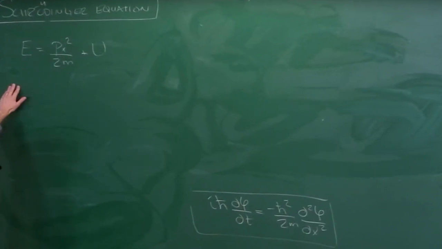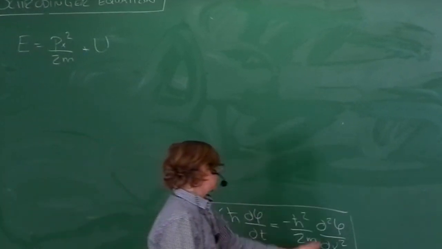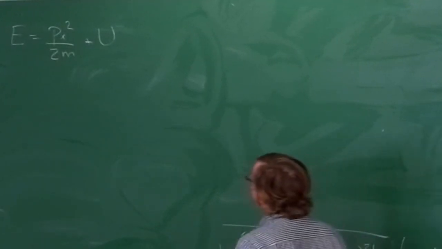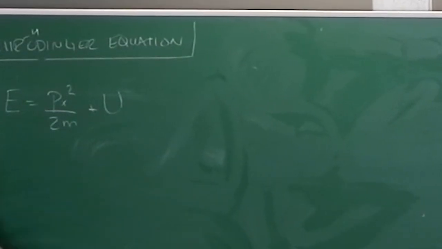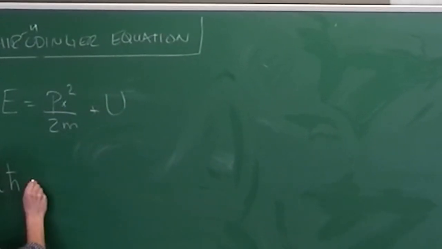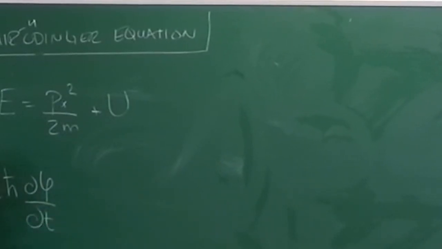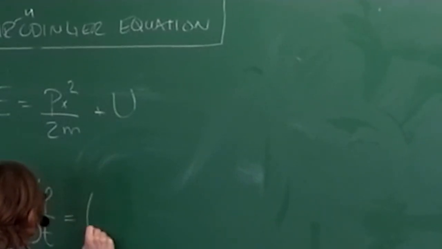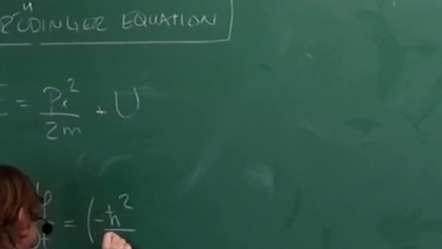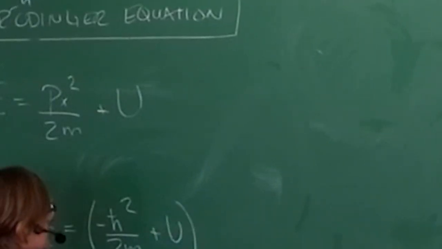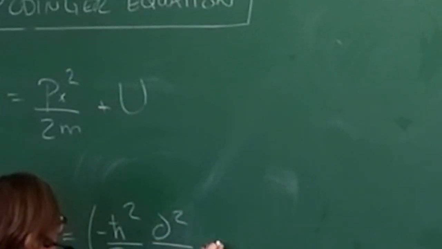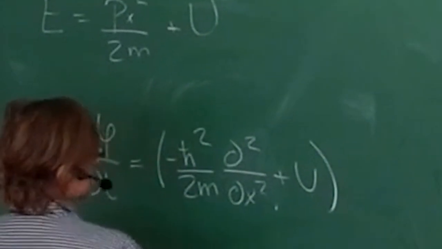And if we now do that, since we know that this was originally, right, we had this to be E phi, we can just, by going through this again, see that what we end up with is i h bar d phi dt equals minus h bar squared over 2m d2 dx squared plus U phi.